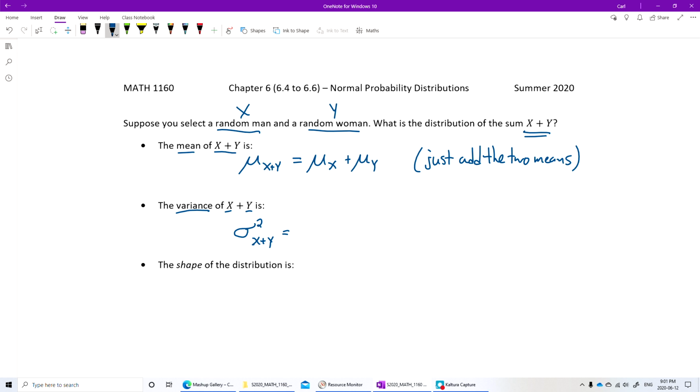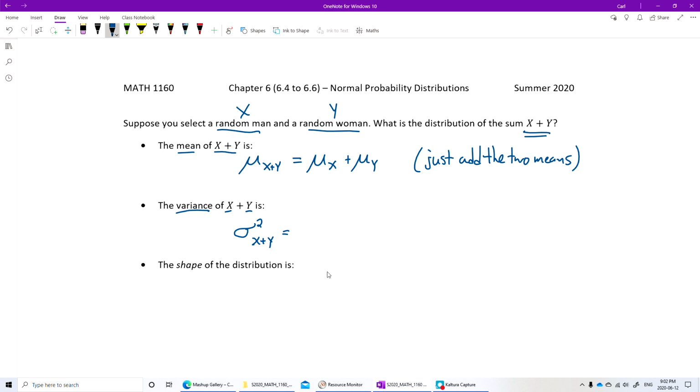Why is that? Because you have two people to work with. I keep saying weight, but it's height, right? They might both be very tall, or they might both be very short. Since those are possibilities, the distribution is going to be wider, right? So there should be more variance in the sum.